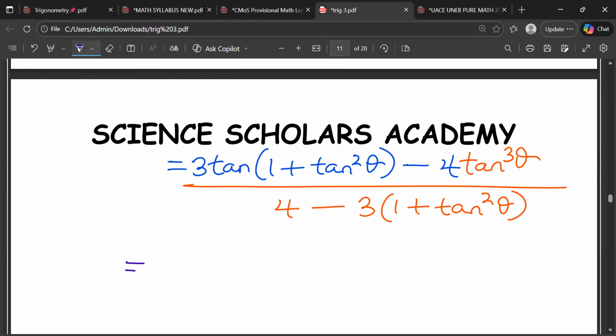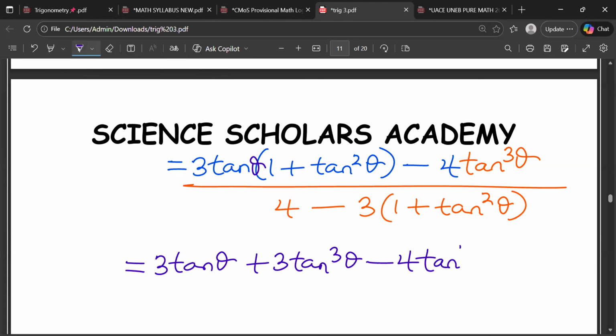So what is coming out here? Don't forget theta here. So we have 3 tan theta plus, this one is 3 tan cubed theta, then minus 4 tan cubed theta. Isn't it?